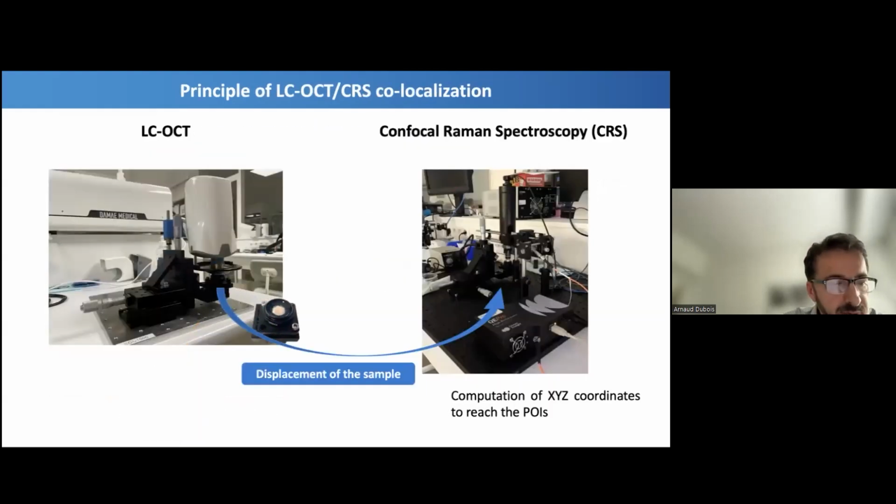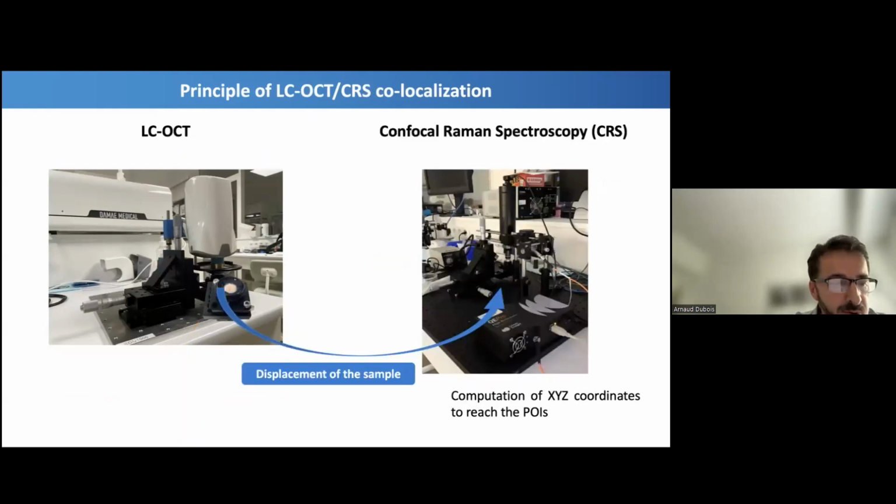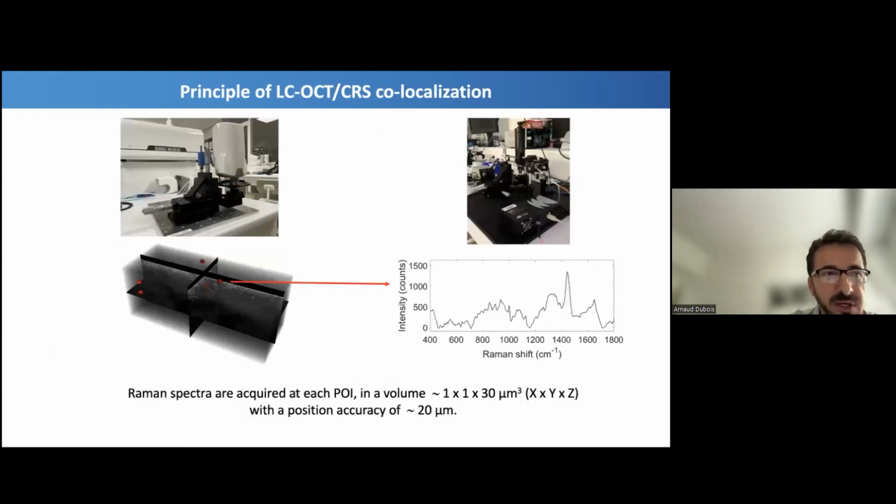The sample is placed in a sample holder, you can see here, and placed under the LC-OCT device and a 3D image is acquired. The points of interest to be analyzed with Raman spectroscopy are targeted in the 3D image, and then the sample is displaced from the LC-OCT device to the Raman device, and the coordinates of the points of interest are calculated to acquire Raman spectra at these points.